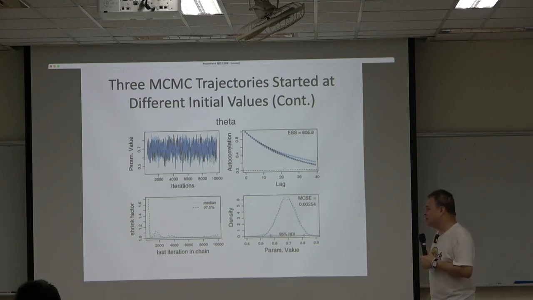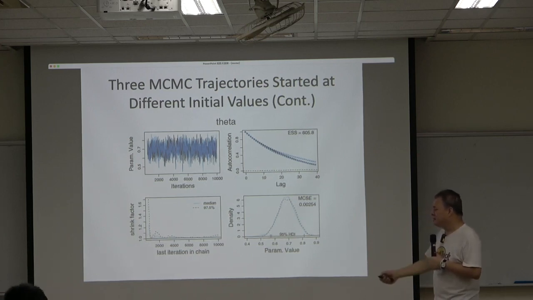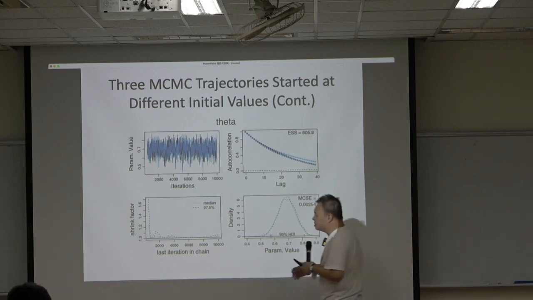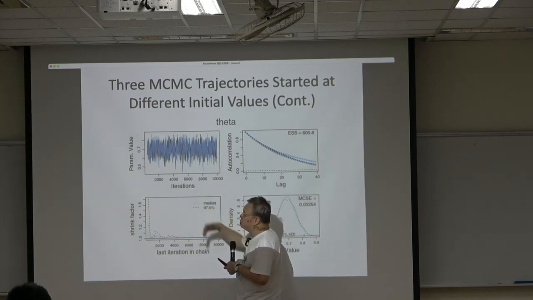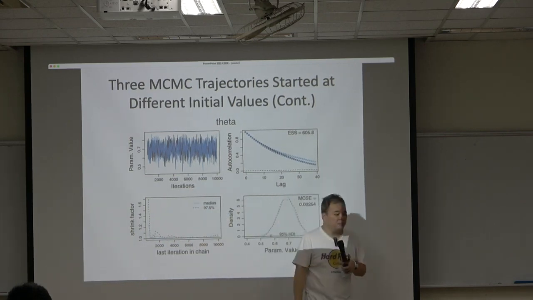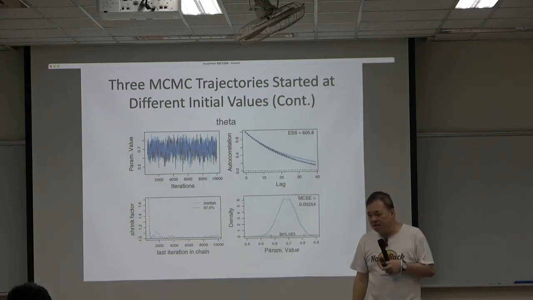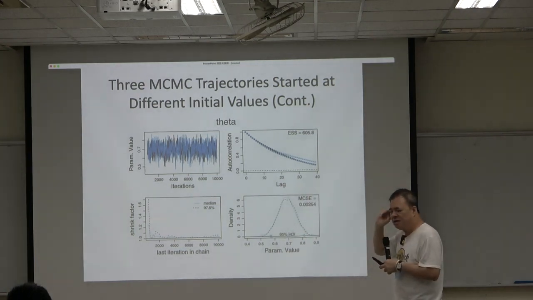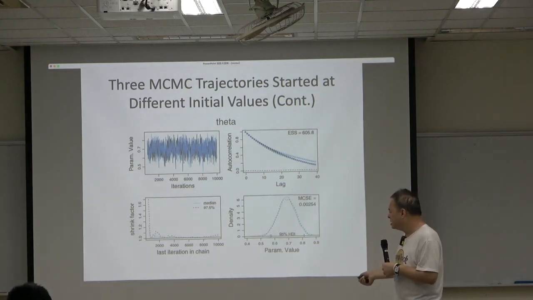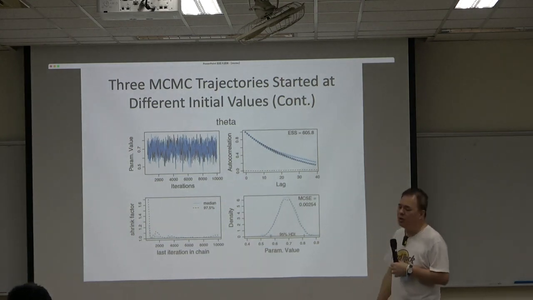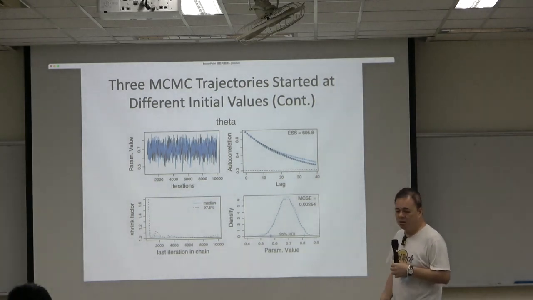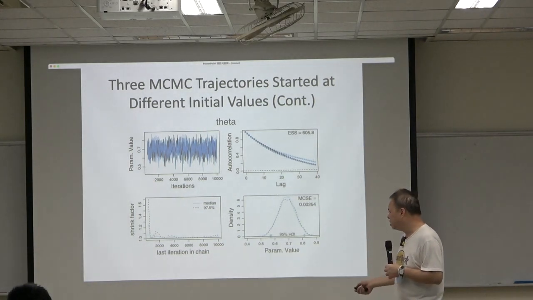Basically, if this value is reduced to close to 1, that means your chain is mixing very well. Since this derivation takes some mathematical skill, we'll skip that. Even in Bayesian data analysis, they just say this has to be close to 1. If it's larger than 1.1, you have an issue. But they didn't actually talk more about this, so I will skip this part.